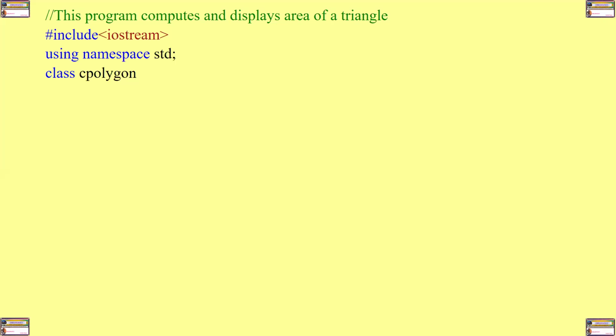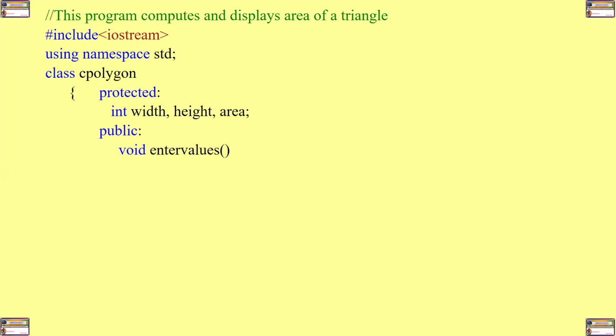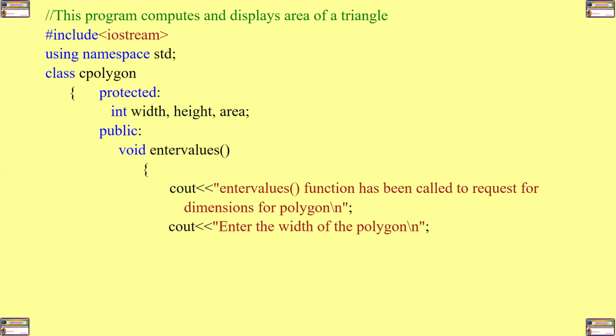Then our base class CPolygon, and it has three internal data members of type integer by the names width, height, and area. And then we have a public member method called enter values. This is similar to the previous program that we learned in presentation number 39.